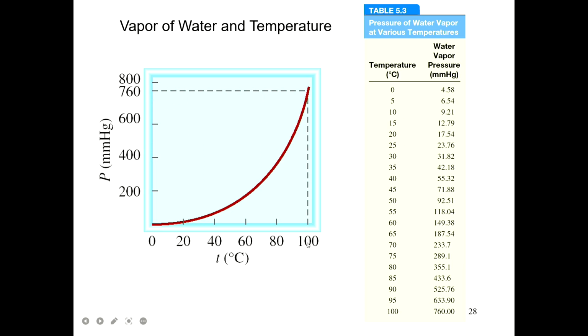And we know this temperature is also the boiling point of water, because at this temperature the pressure is equal to the environment, equal to the air. So it will boil.